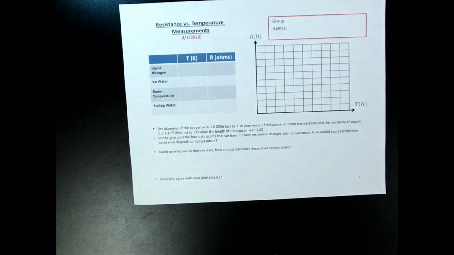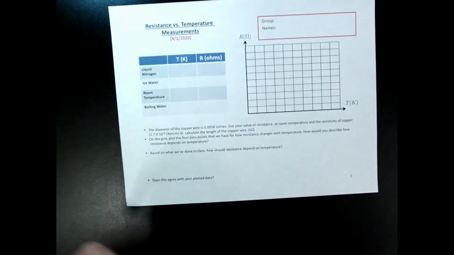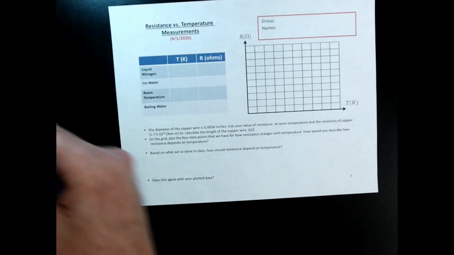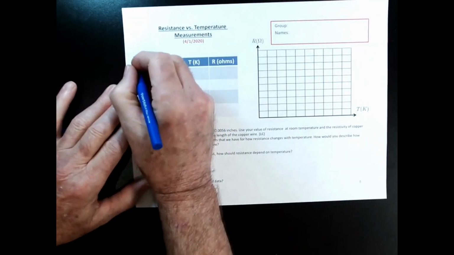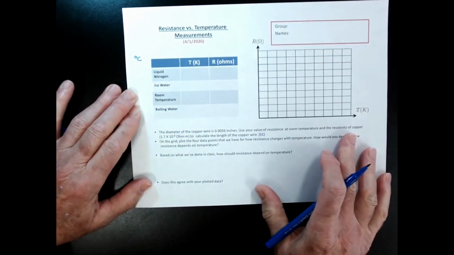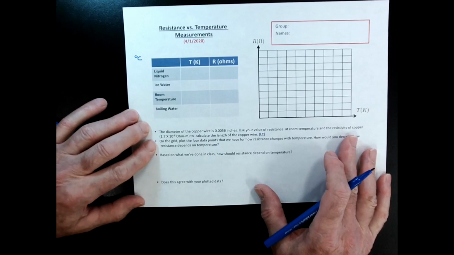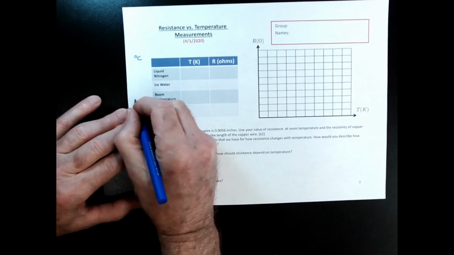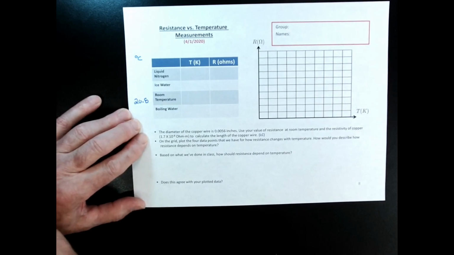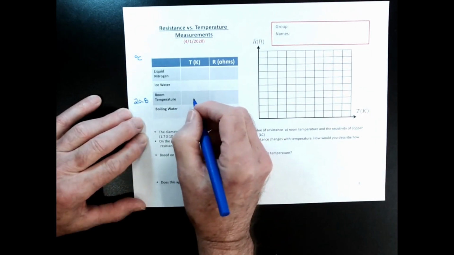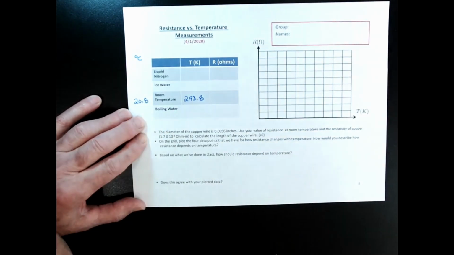But what I'm going to do is use the data that we took last year, because guess what? We don't have any liquid nitrogen. So here's the data that the students collected last year, and they read the degrees Celsius from the multimeter, and what they had for room temperature was 20.8 degrees Celsius, and then you just convert this to Kelvin, because that's what we're going to want to plot. This is 293.8 Kelvin.